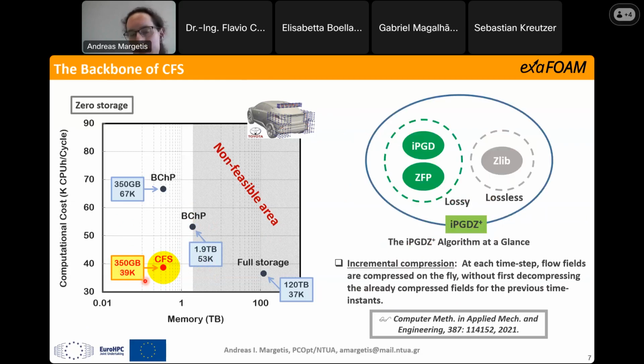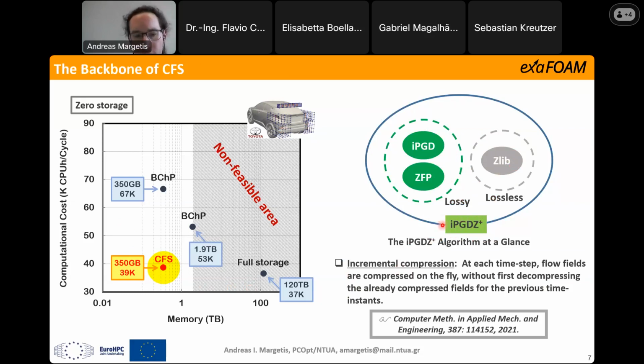Let us discuss as briefly as possible what IPGDZ+ is. IPGDZ+ is a synthetic, lossy compression kernel which consists of three parts: the incremental version of the proper generalized decomposition, or IPGD, ZFP, and zlib. There is no need to go into detail for each of its constituent methods in this presentation.